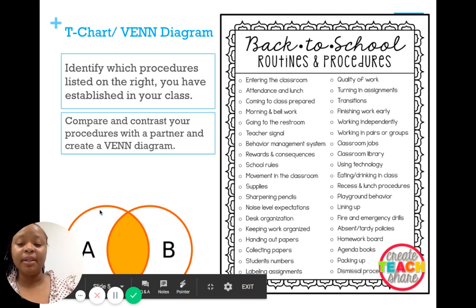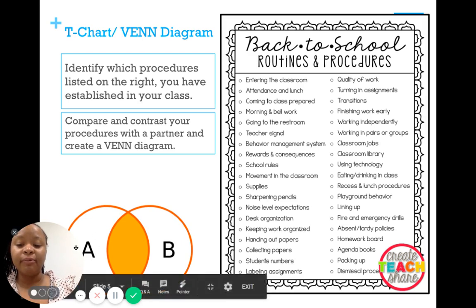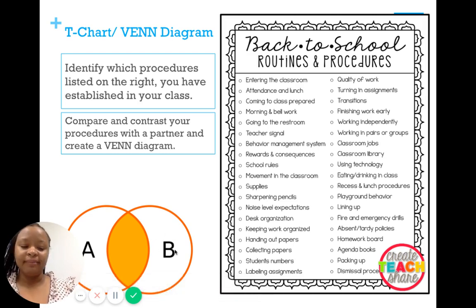One side will represent your information, and then one side represents the other person. So all the commonalities within the center, whatever you are doing that the other person is not doing will be in the A portion, and whatever the other person is doing that you are not doing will be in the B portion. And then you'll discuss with each other what is working in your class, what's not working.